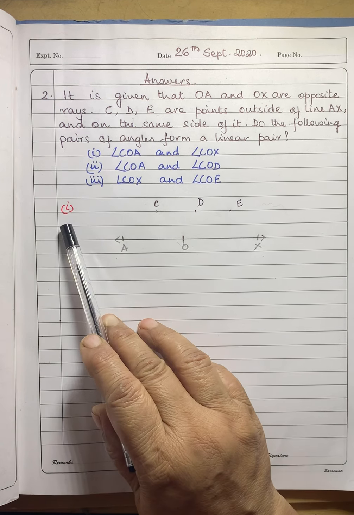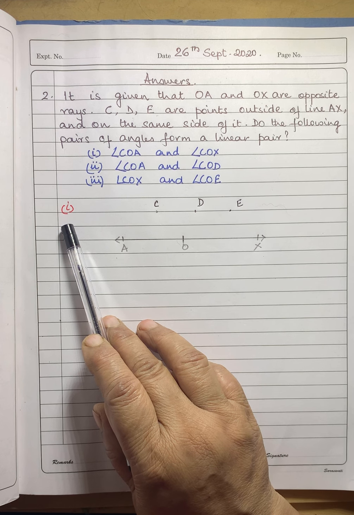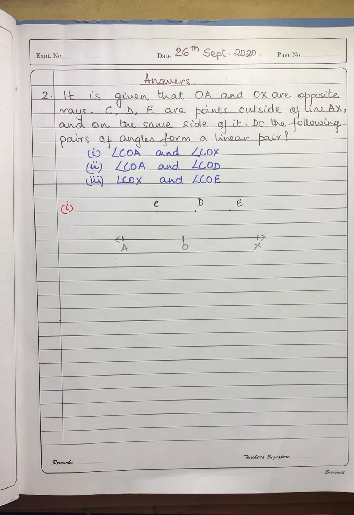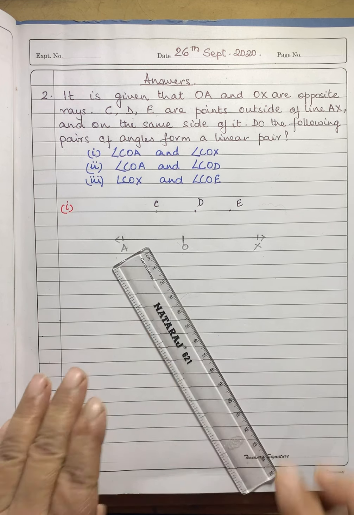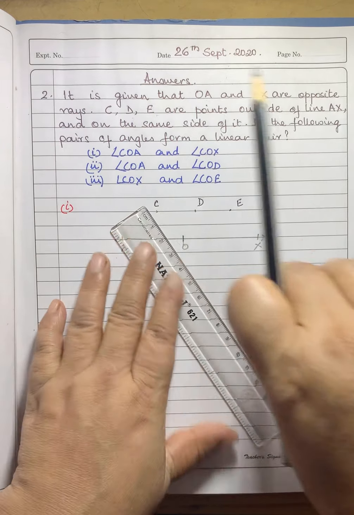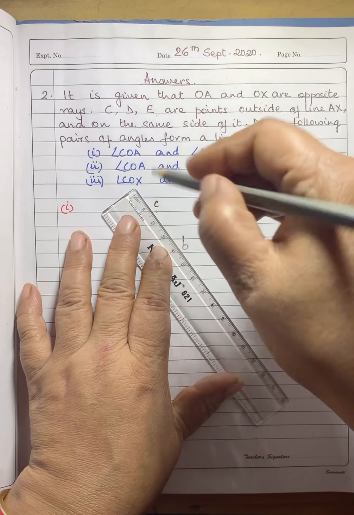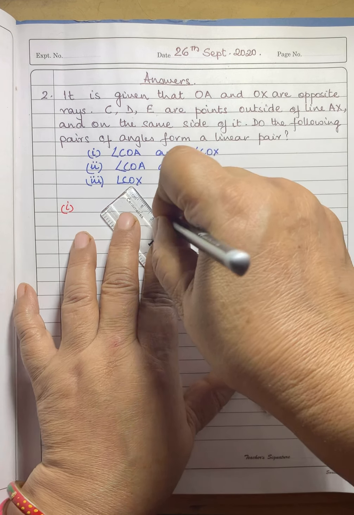Starting with number 1, angle COA. To get angle COA, I have to join the points. OC must be joined. So I join the point OC.